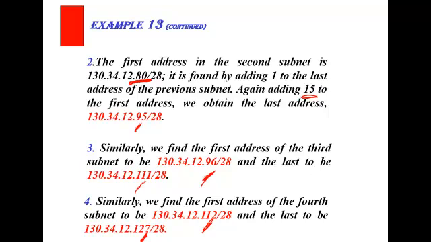So in this way we have found and allotted the total address block into 4 fixed size subnets, and we can easily calculate the first address, last address, number of addresses, and so on. So this is the method of subnetting in fixed length subnetting in classless addressing.